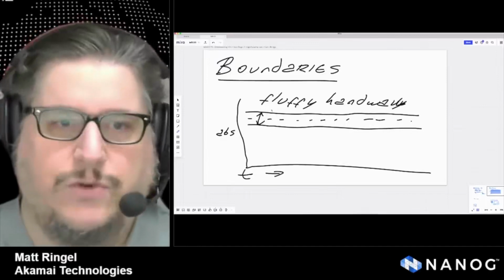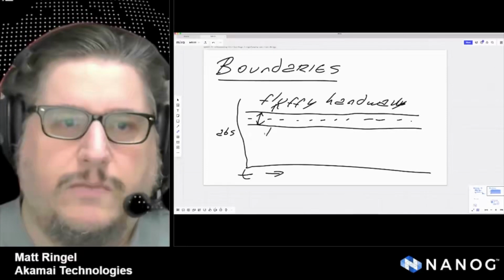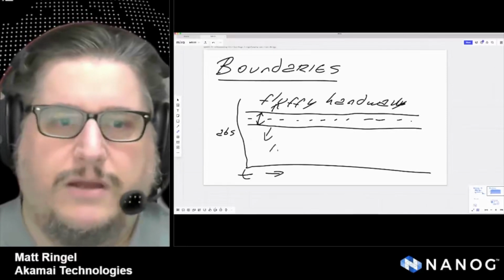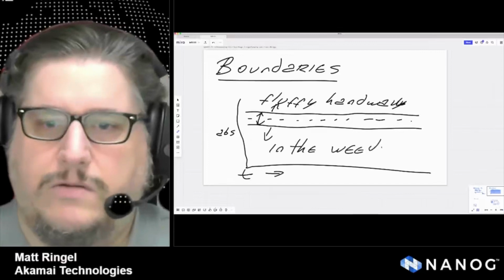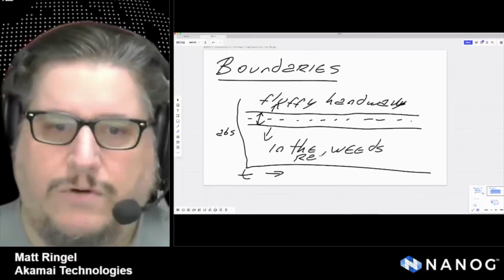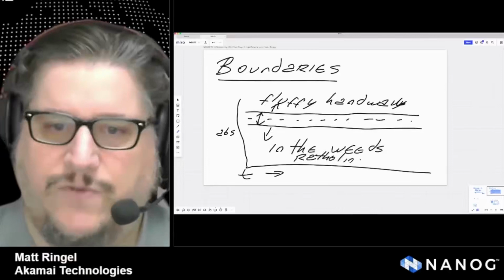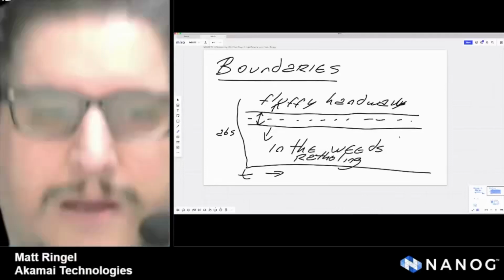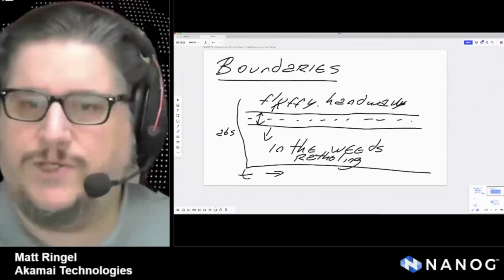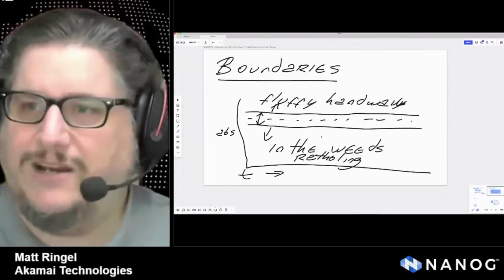Similarly, if you break out too low, you end up in the weeds or rat holing, or choose whatever phrase you like to use for it, right? Specifically, if I go too far into the details, it's not that it's not interesting.